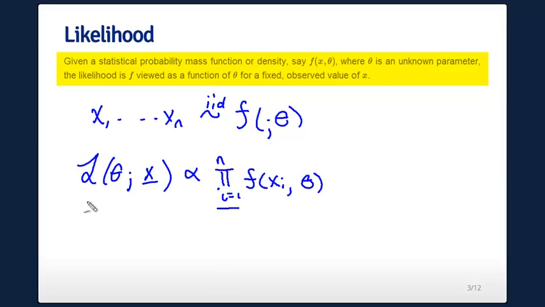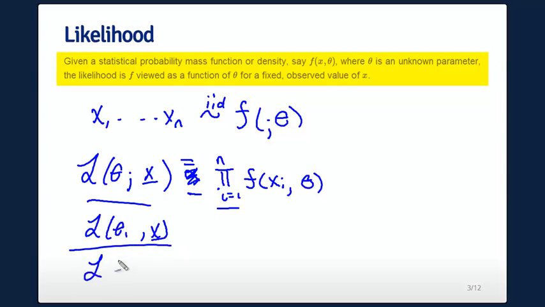The likelihood, I say proportional to here rather than equal to. We could just write equal to, but it's important to think of the likelihood as not something that has an absolute scale. Its only interpretation really is in the relative scale. So you can compare likelihood for theta 1 and x over likelihood for theta 2 and x.